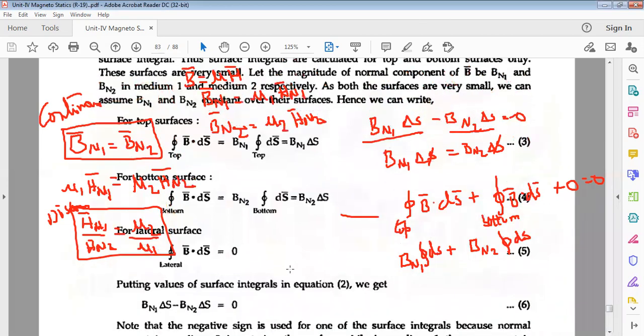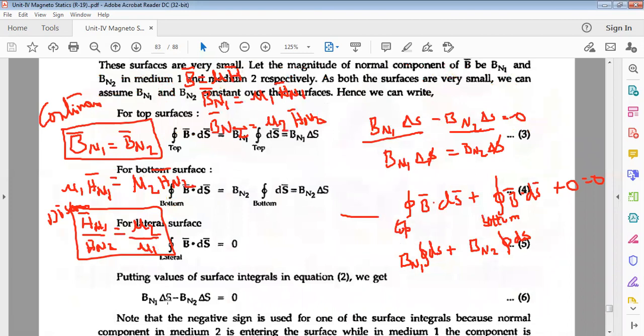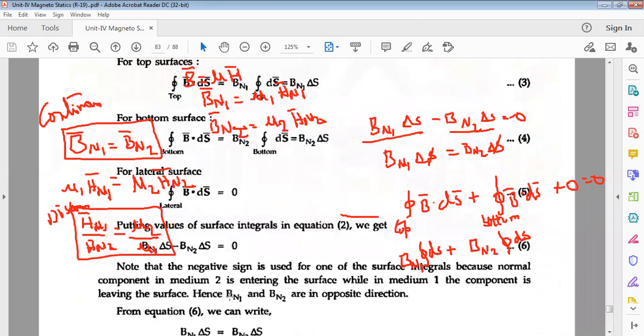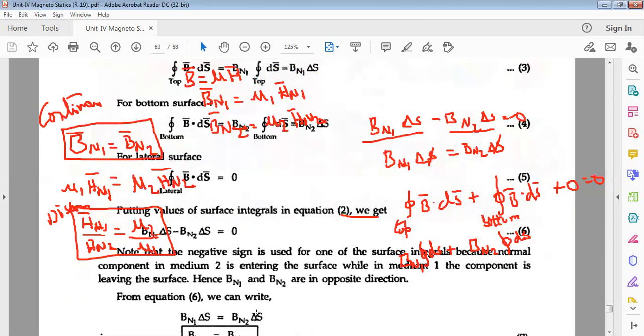Substitute all these into the equation: BN1 delta S minus BN2 delta S is equal to 0.